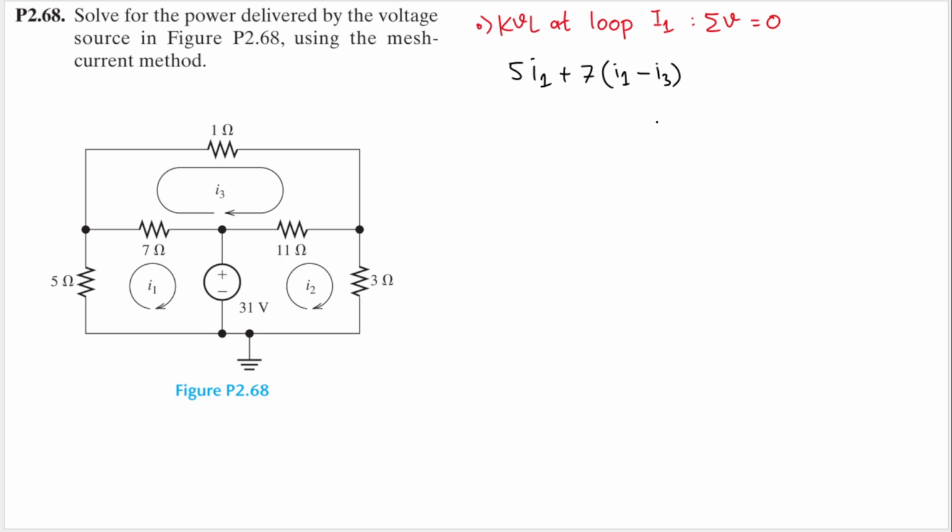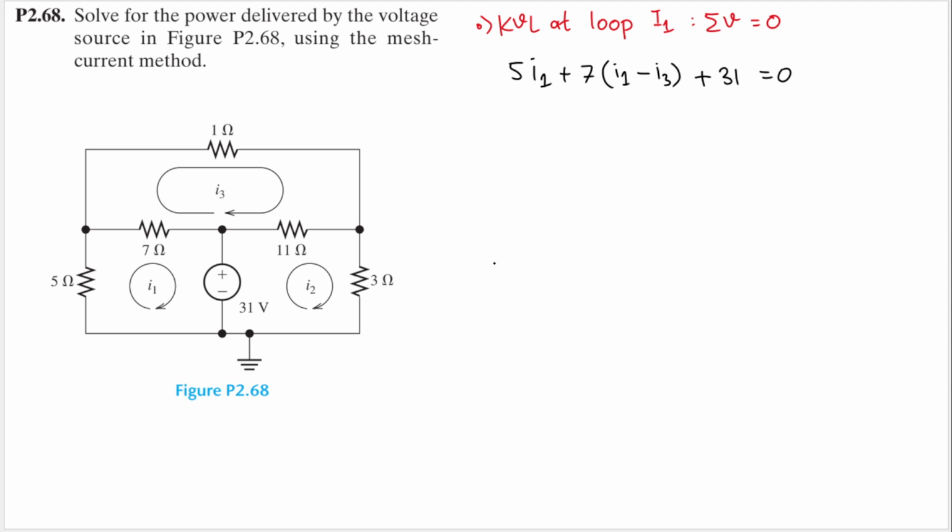Now the 31 volt voltage source. The current is flowing from the positive terminal to the negative terminal, so the sign will be positive: plus 31. We have all three components, so all of that will equal 0.